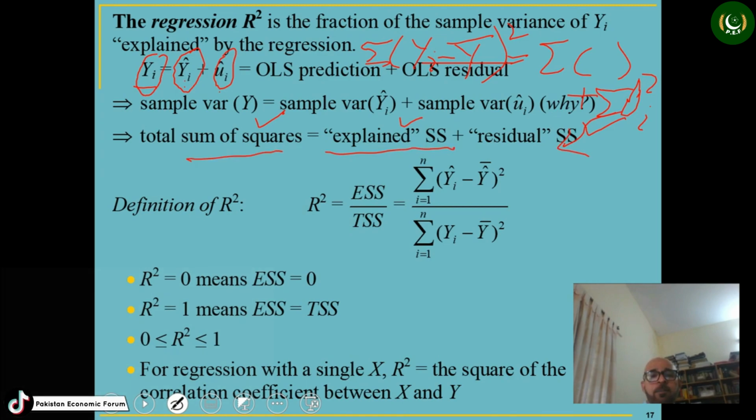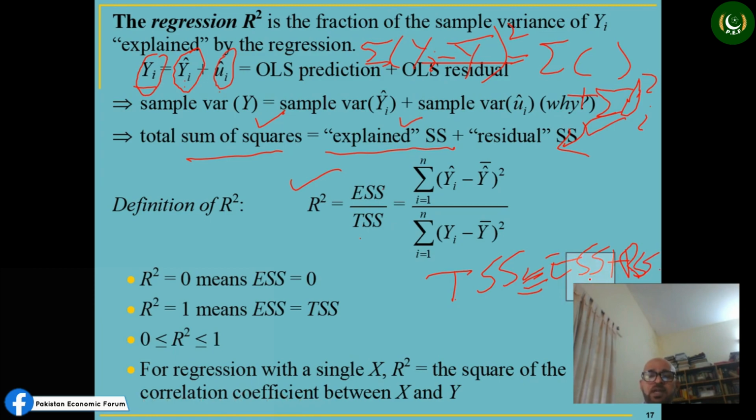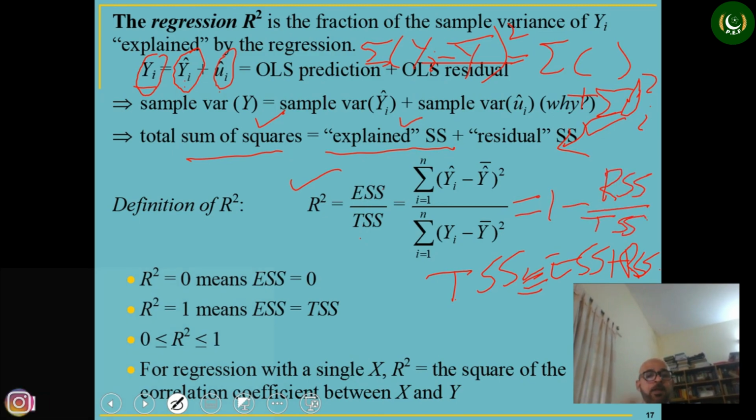And R square is equal to the explained sum of squares divided by the total sum of squares. Since the total sum of squares is equal to the explained sum of squares plus the residual sum of squares, the residual sum of squares equals the total sum of squares minus the explained sum of squares. So this can also be written as 1 minus the residual sum of squares divided by the total sum of squares. R square is 0 if there is no variation in y due to x.